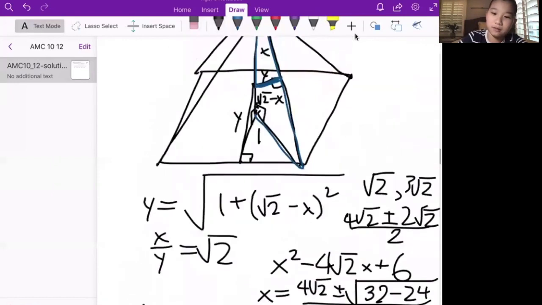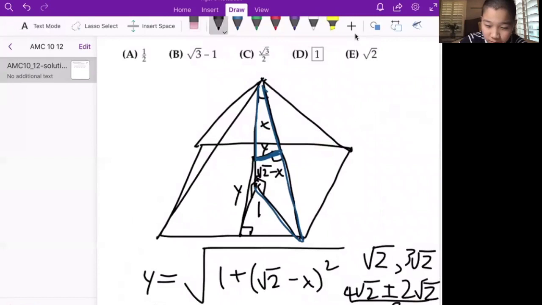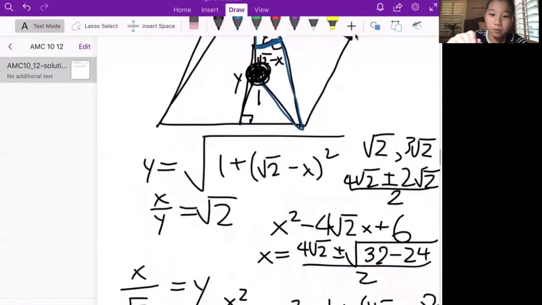Which one is it? If x was root 2, then the center of the sphere would actually be right here. If x was 3 root 2, it would be all the way down here. So is it up there or down there? Well, if it's down there, it obviously can't be tangent.